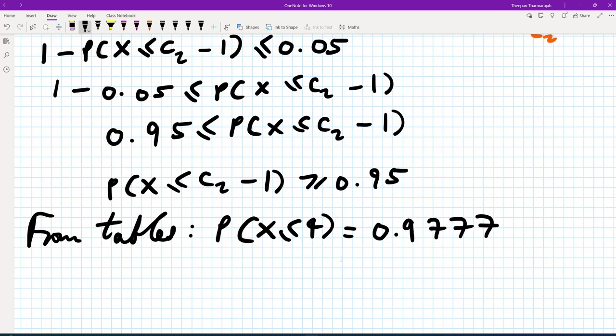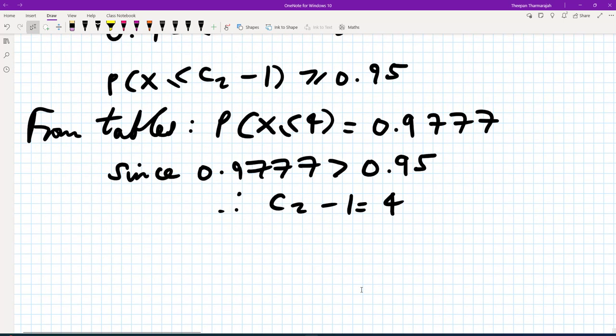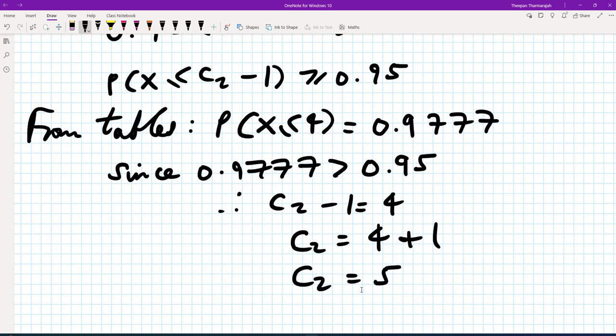And then, since 0.9777 is strictly greater than 0.95, therefore C2 minus 1 must be equal to 4. So we can say C2 is 4 plus 1, like so. C2 is equal to 5.